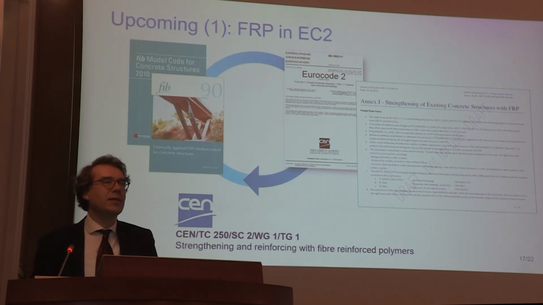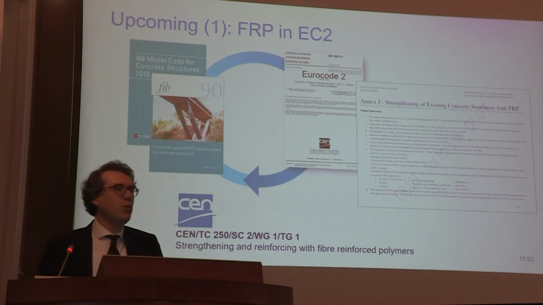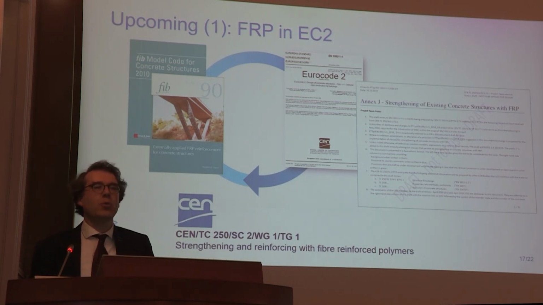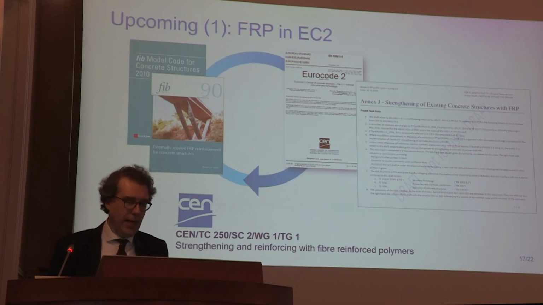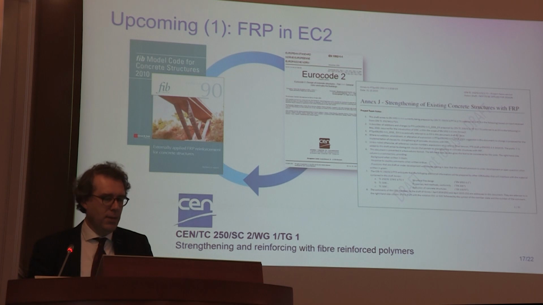Now, having said all this about Bulletin 90, I also want to look forward and give you a view on what is upcoming, what we are working on today. Actually, the concept of FRPs has already been introduced by our task group as part of FIB Model Code 2010, and this triggered the Eurocode 2 team, which is working on a new version of Eurocode 2 for the future, to also allow FRPs to become part of the future Eurocode 2.